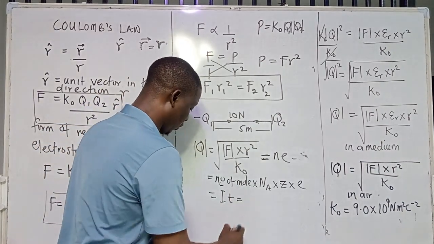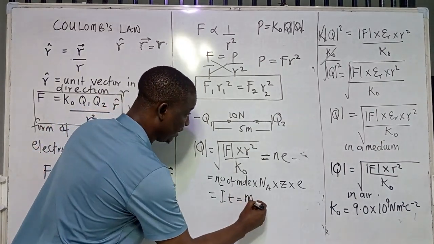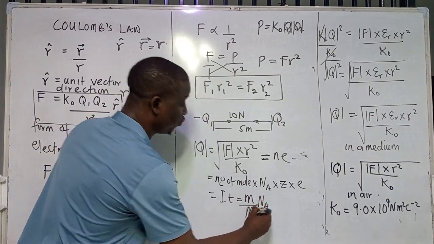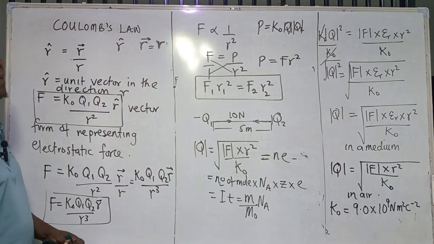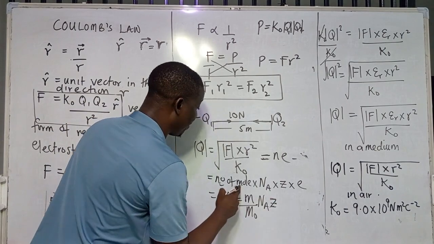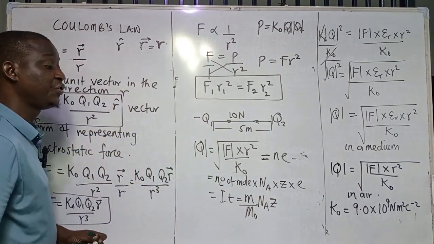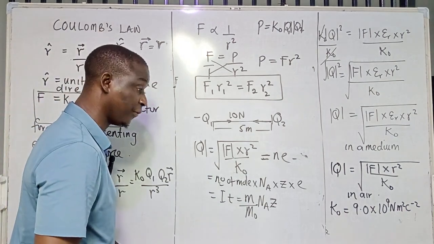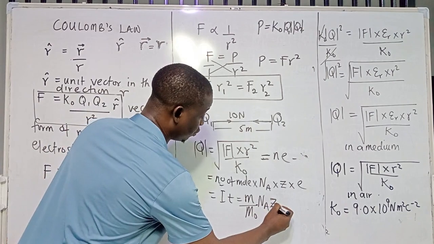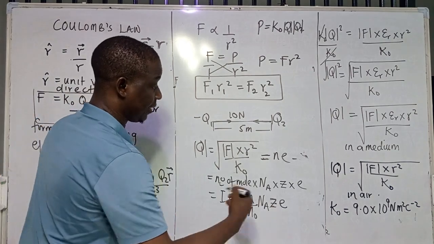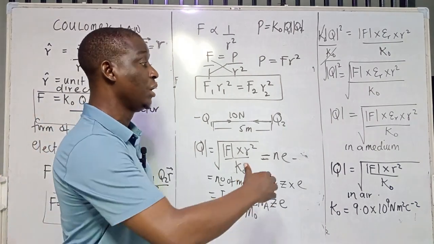It can also be related to mass over molar mass times Avogadro's number times the proton number. Remember that the number of moles is equal to mass over molar mass, from basic knowledge of chemistry. So proton number times the electronic charge. Don't forget the electronic charge we have talked about. You go and watch all this.